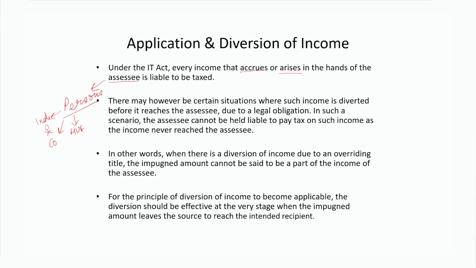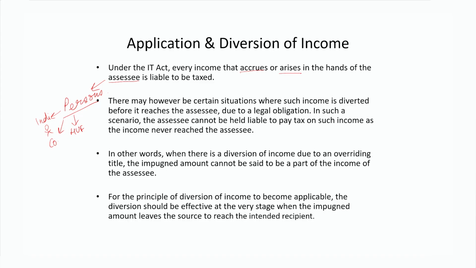In such a scenario, the assessee cannot be held liable to pay tax on such income as the income never reached the assessee. In other words, when there is a diversion of income due to an overriding title, the impugned amount cannot be said to be a part of the income of the assessee.